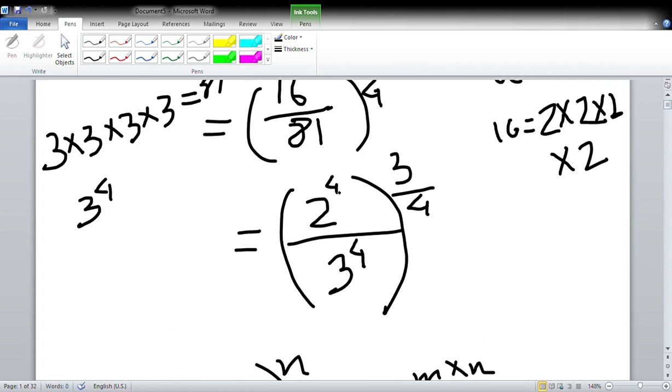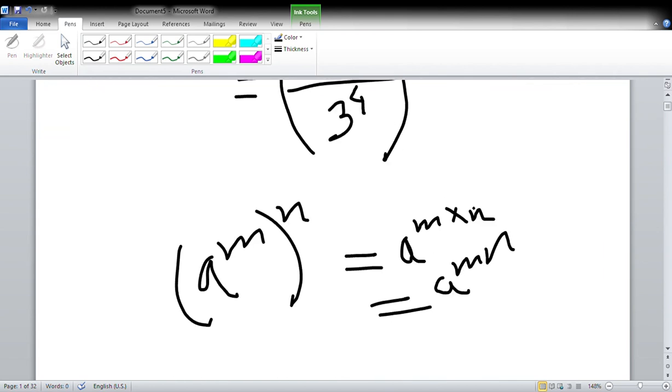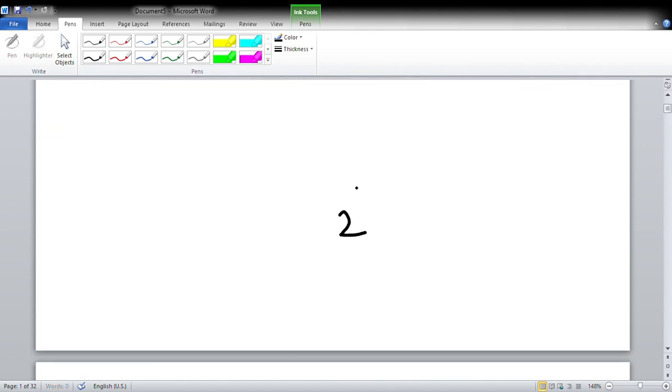Simple thing. So here also, 2 to the power 4 and 3 to the power 4, again we write 2 to the power 4 by 3 to the power 4.